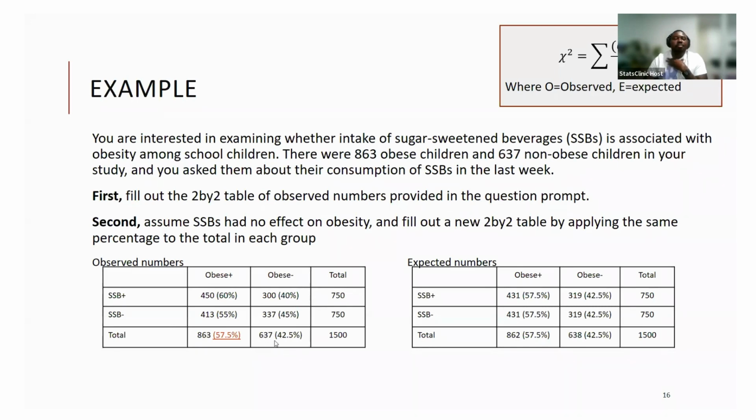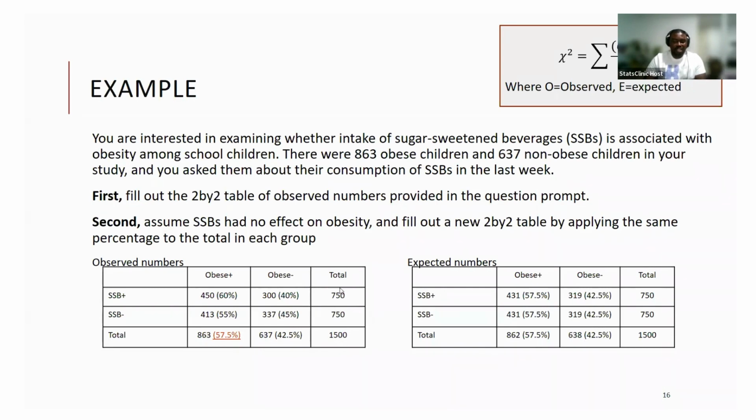Then we were told that 60% of those who had SSBs became obese, okay? So like I said, the question is not complete. So half of the children had SSBs, half did not have SSBs in the last week, and you have 1,500 people in the whole population.